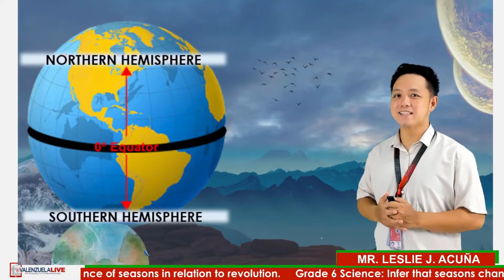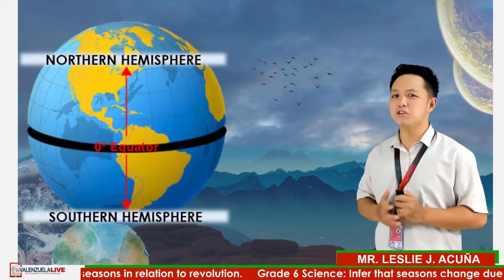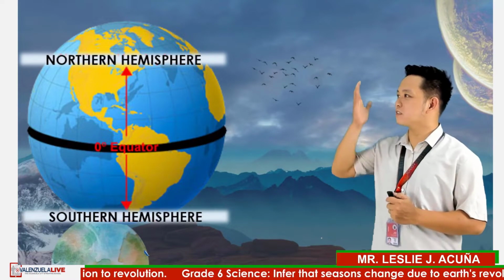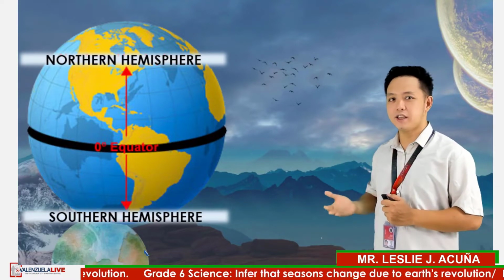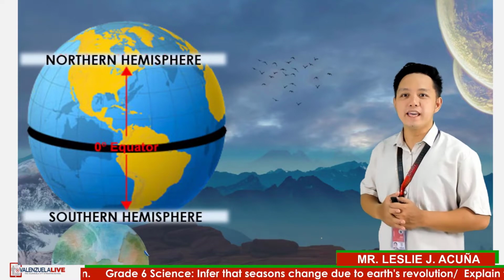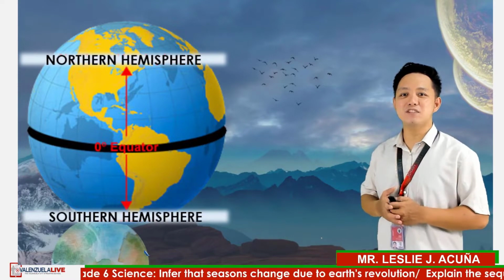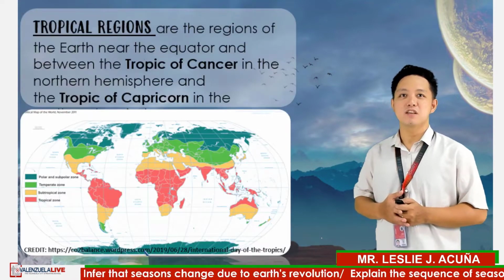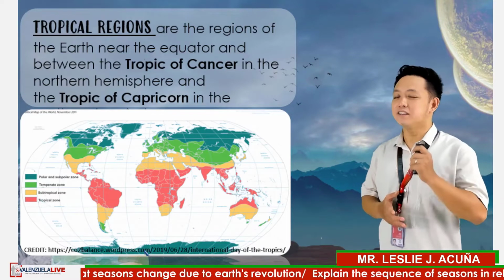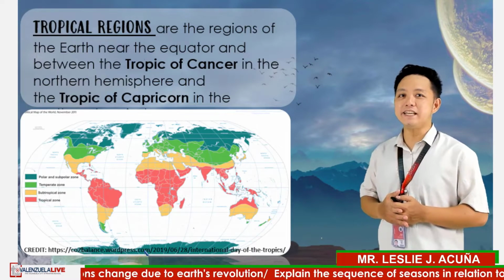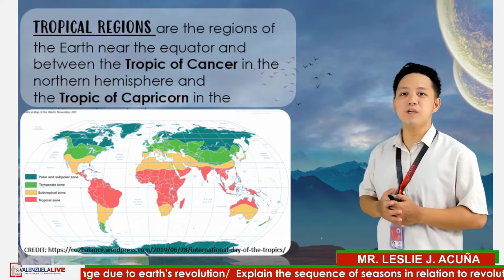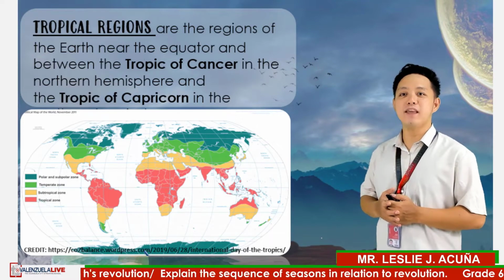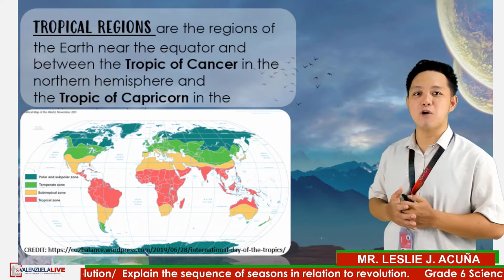Earth has different regions as the equator divides the northern and southern hemispheres. So this is the northern hemisphere and the southern hemisphere. Each hemisphere has so-called temperate regions and tropical regions. The tropical regions are the regions of the Earth near the equator, and between the Tropic of Cancer in the northern hemisphere and the Tropic of Capricorn in the southern hemisphere.